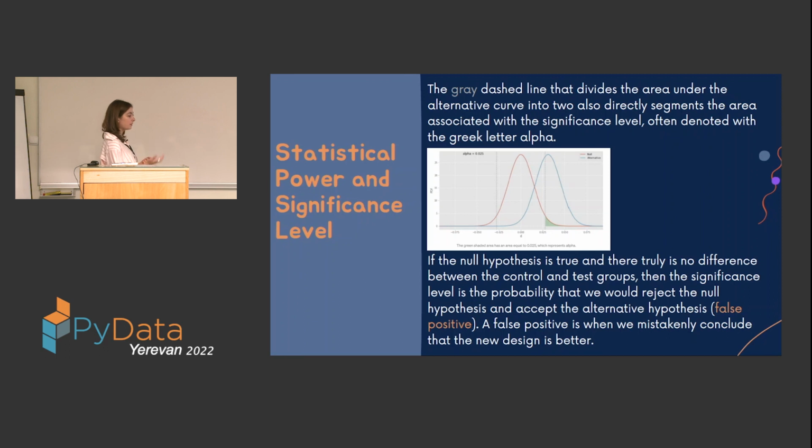So when we set it to 5%, it's the 95% that structures the boundary for the confidence interval. So if the probability is greater than 0.05, we accept the null hypothesis, and if it's less, we conclude that the alternative hypothesis is better.